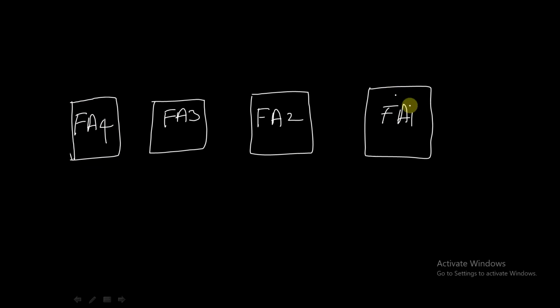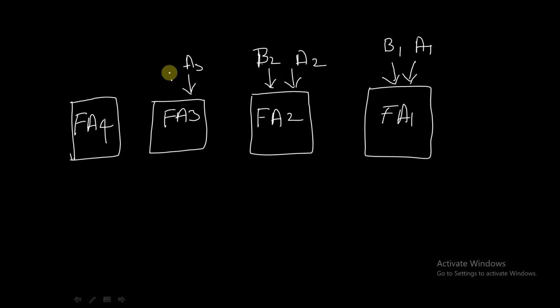For full adder 1, the inputs are A1 and B1, for full adder 2 the inputs are A2 and B2, for full adder 3 the inputs are A3 and B3, and for full adder 4 we have inputs A4 and B4.